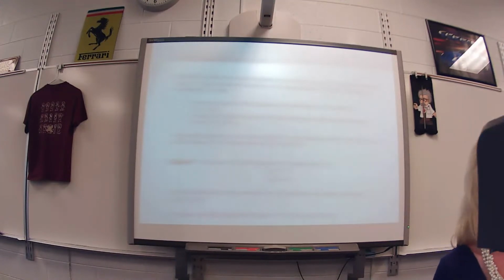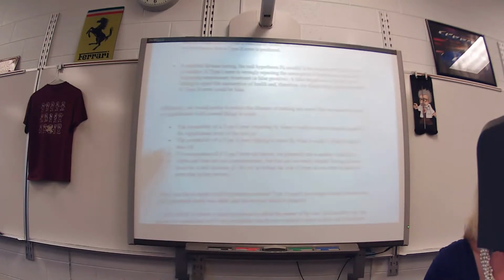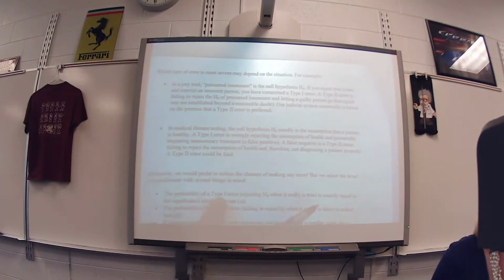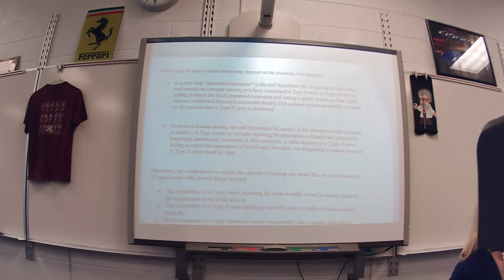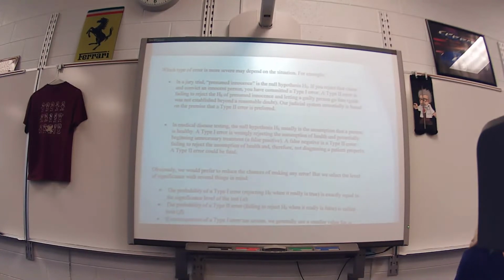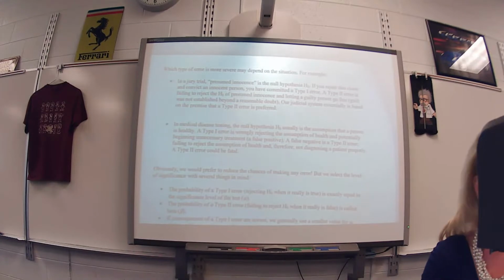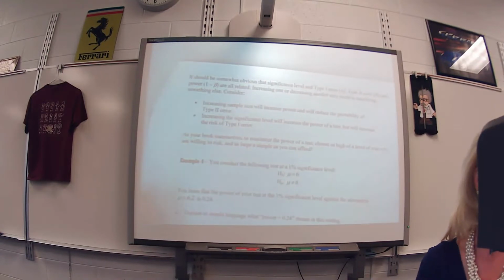When people say, well, why wouldn't I just automatically go for the highest power I can? Well, if you go for higher power, that means you're doing a smaller beta. That means you're doing a bigger alpha. And alpha is the probability of type 1 error. And if type 1 error is really bad, I don't want that to be big, okay? It is a total balance, okay?